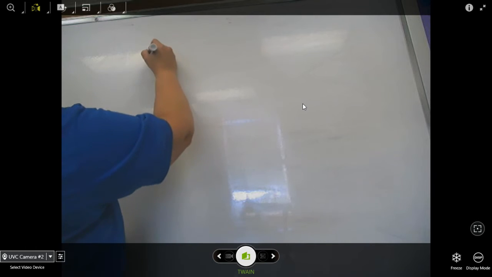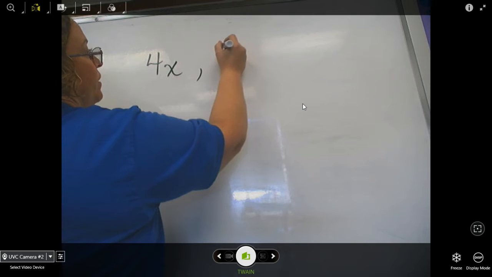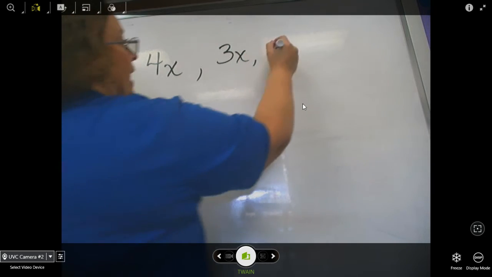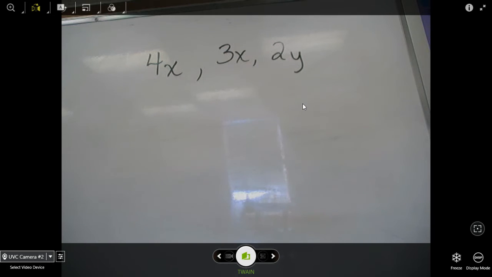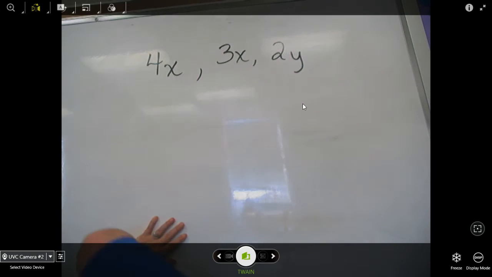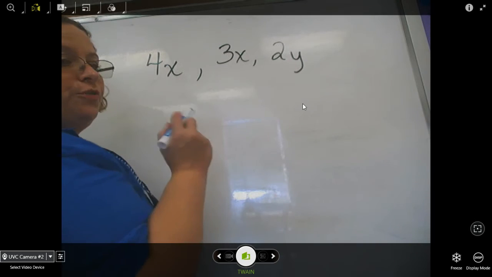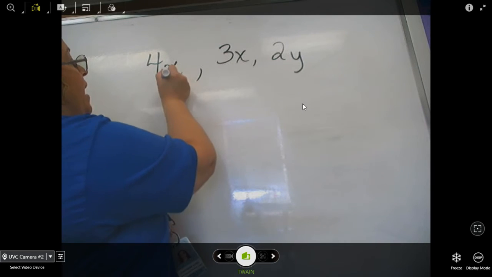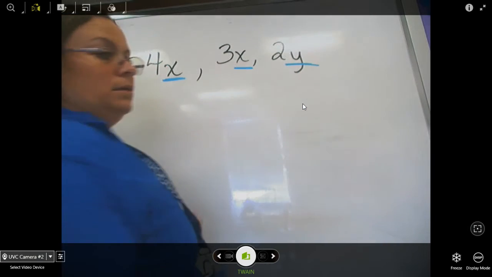So if I have 4x and I have 3x and I have 2y, and I say, circle the like terms. Look at your variables. I have an x, I have an x, I have a y.